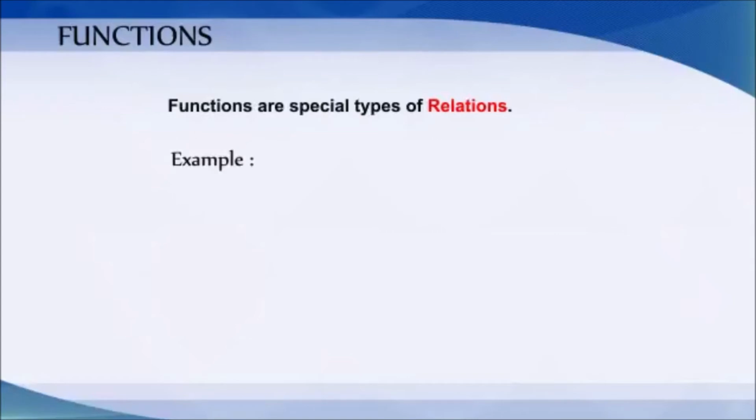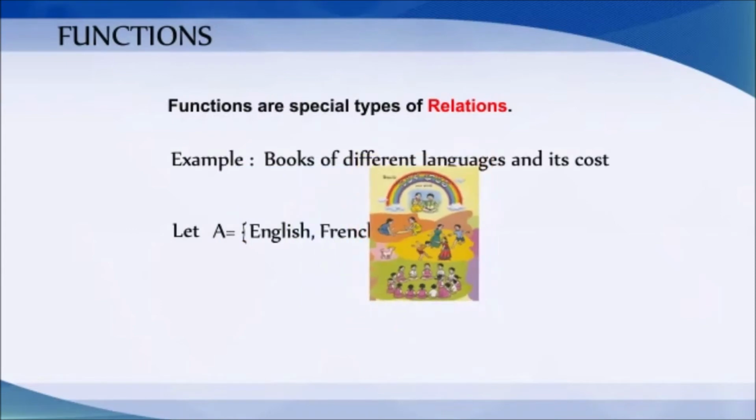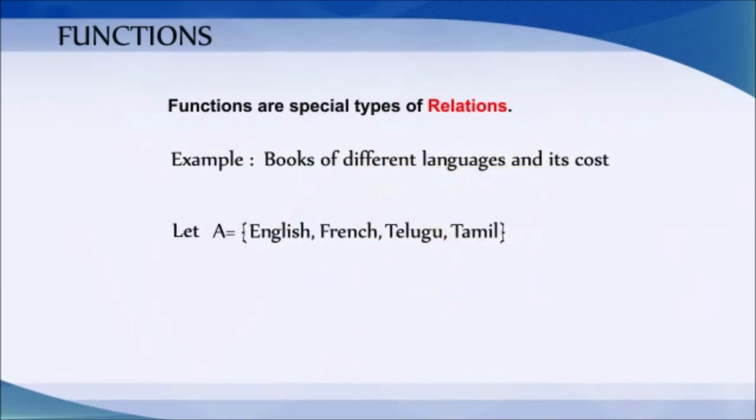Functions. Functions are special types of relations. Let us consider an example of books of different languages and its cost. Let A be equal to the set of English, French, Telugu and Tamil books, and let B be equal to 50, 75, 35, 40, 100, 85 and 73 rupees.